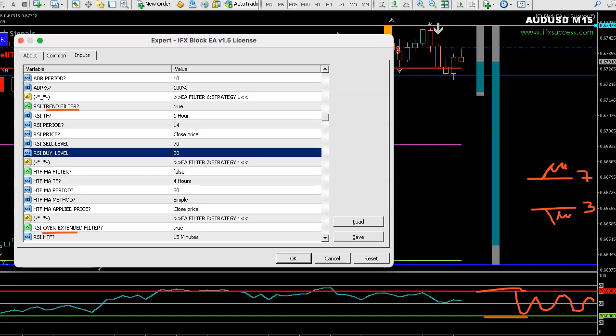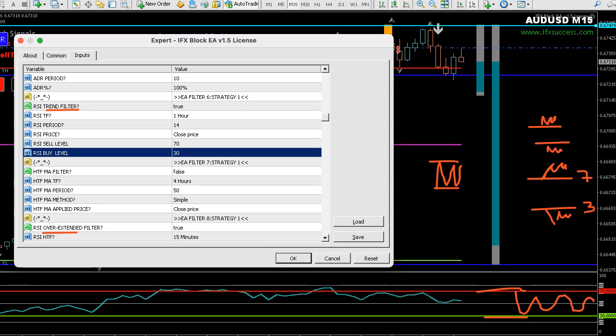So the trend, we are trading inside. We want to trade inside the RSI, anything that's inside right over here. And then the overextended, we want to trade outside. Once you understand that, then you're good to go.